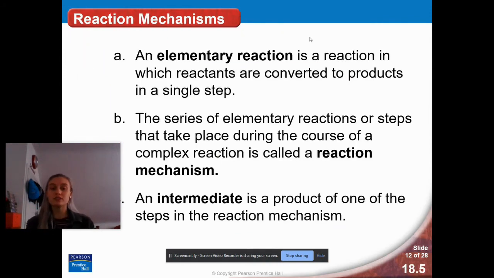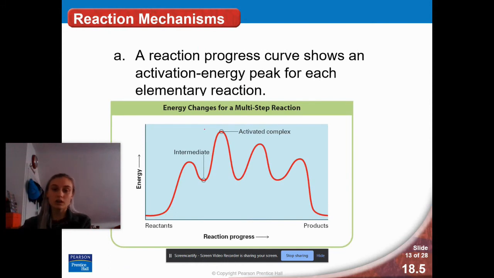And so we have different kinds of reactions. We have an elementary reaction, which is just one step in the reaction in a transition state. So we have our transition states that I showed you earlier. So when we have an elementary reaction, this would be an elementary reaction, just like the first step, okay? And then you'd have your intermediate.